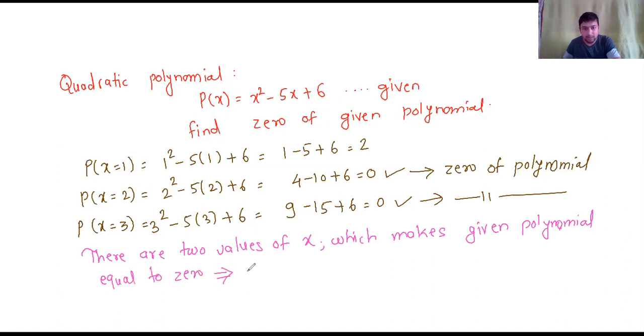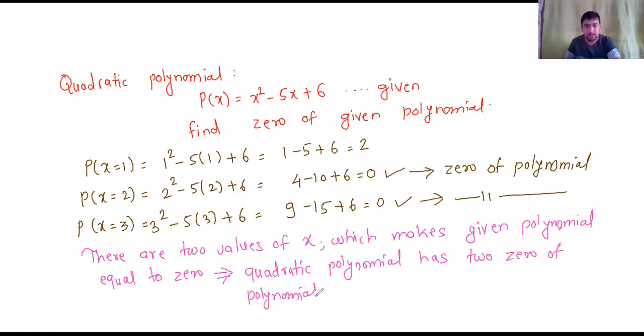So does that mean a quadratic polynomial has how many zeros? It has 2 zeros of polynomial. Is it right? Okay.